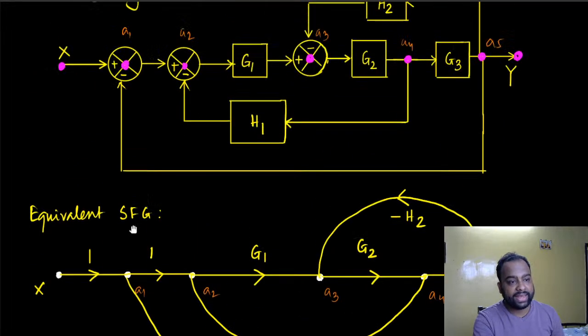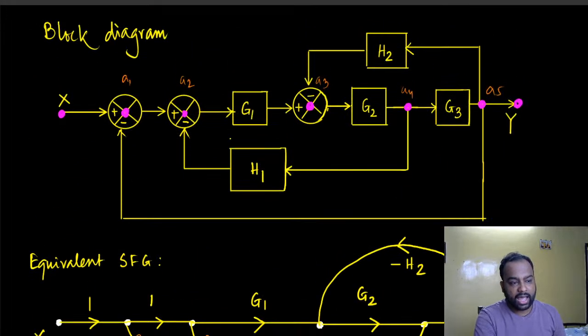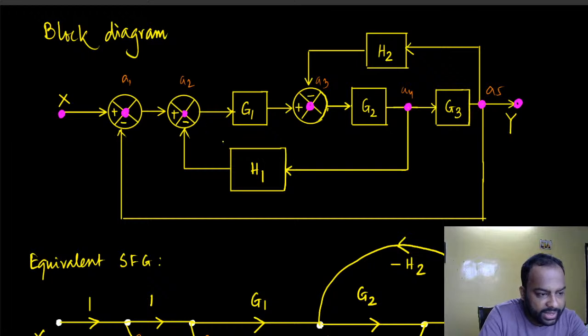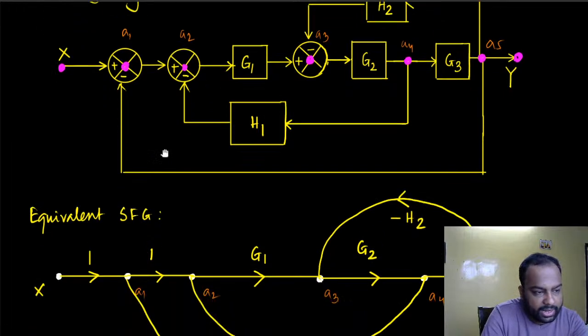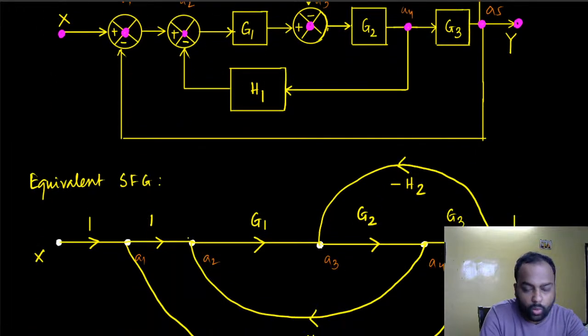Someone is asking why the negative sign. I think I explained this in this block diagram. Look very carefully at these nodes. For example, in this node, whatever we are doing, we're just adding the signals. Whatever signals reach a particular node, we are adding.